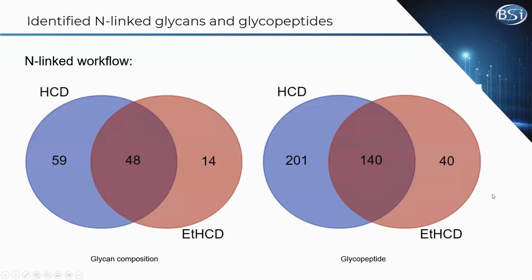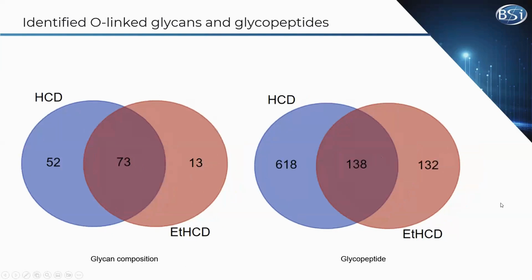So next we want to compare what is the actual advantage of doing HCD and ETHCD. And so here's the data from the N-link glycan workflow. The first Venn diagram is comparing the glycan compositions identified from both methods. So with ETHCD, we only identified an additional 14 glycan compositions, and an additional 40 glycopeptides were found.